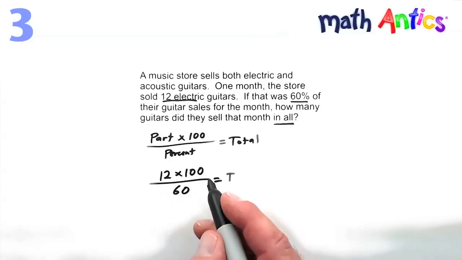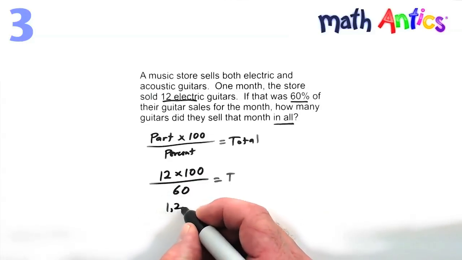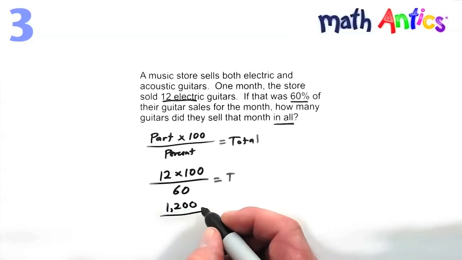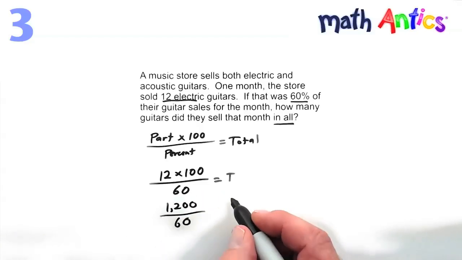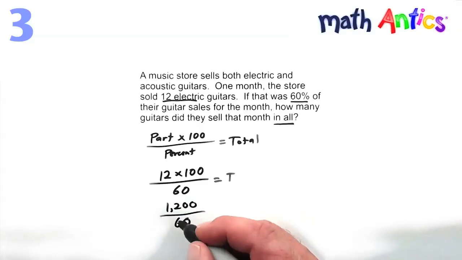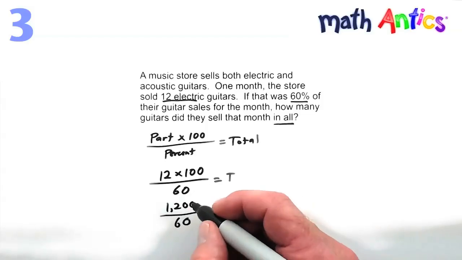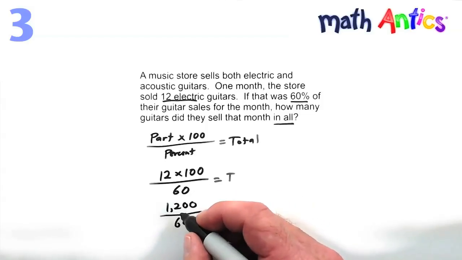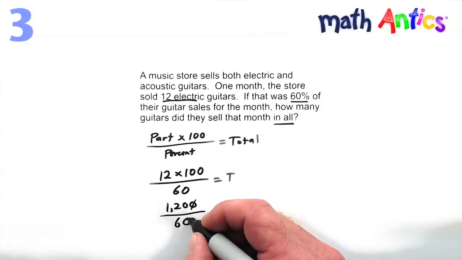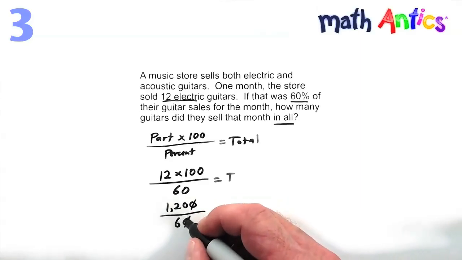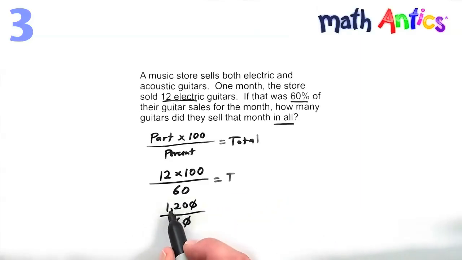And that's going to give us the total if we just work this out here. So 12 times 100 is going to be 1,200. We're going to divide that by 60 to get our total. We could do this with a calculator, but it's not too tough of a problem to just divide. First, we can simplify. We can factor out a 10 off the top and bottom to make the problem a little smaller. So now we've got 120 divided by 6.